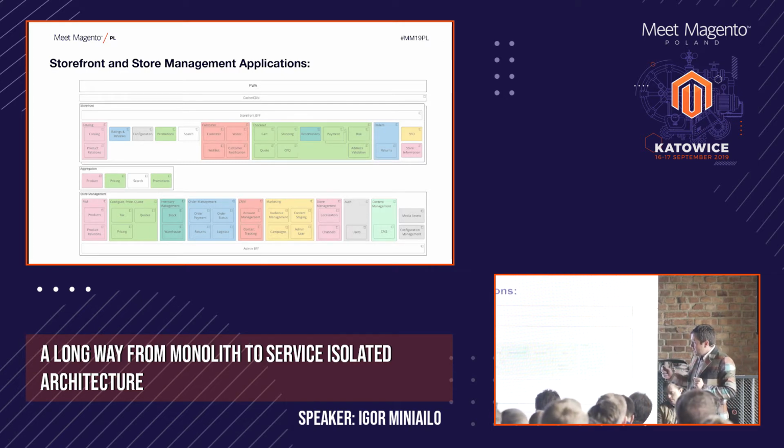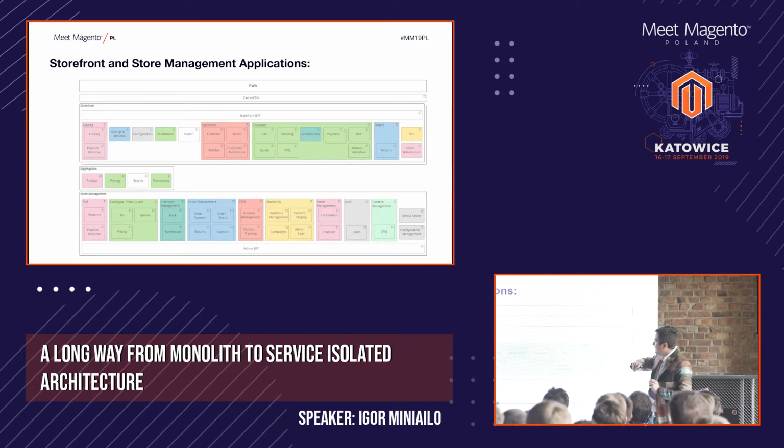But here, I want to describe the strategy for how we will be migrating from the monolith to the service-isolated architecture. Here you may see that we no longer have a monolith, but instead we have two independent applications: the storefront application and the store management application.